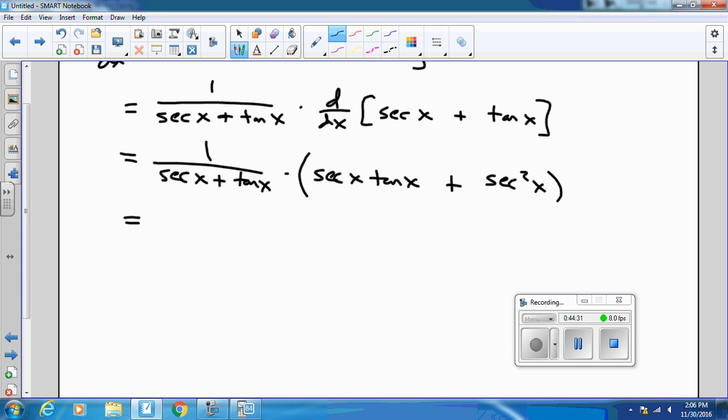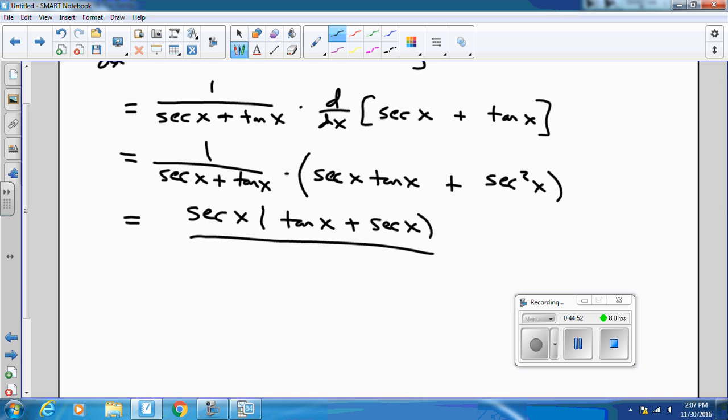Secant x. Well, we could cancel it if we had factors. Do you see any common factors? There's a factor of secant x. Let's factor it out. Leaving me with tan x here, secant x in this term, and look at that!